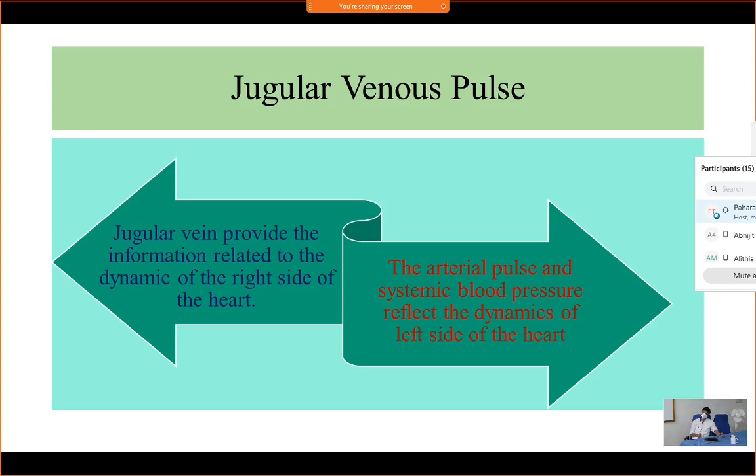But remember one thing, though we divide the heart compartment-wise into right and left, ultimately if one side of the heart is affected, after some time it will affect the opposite side of the heart.